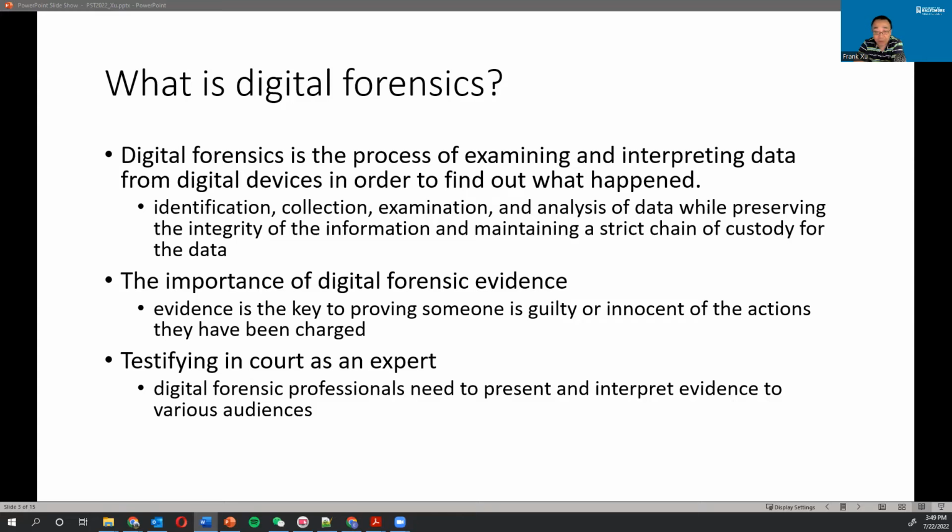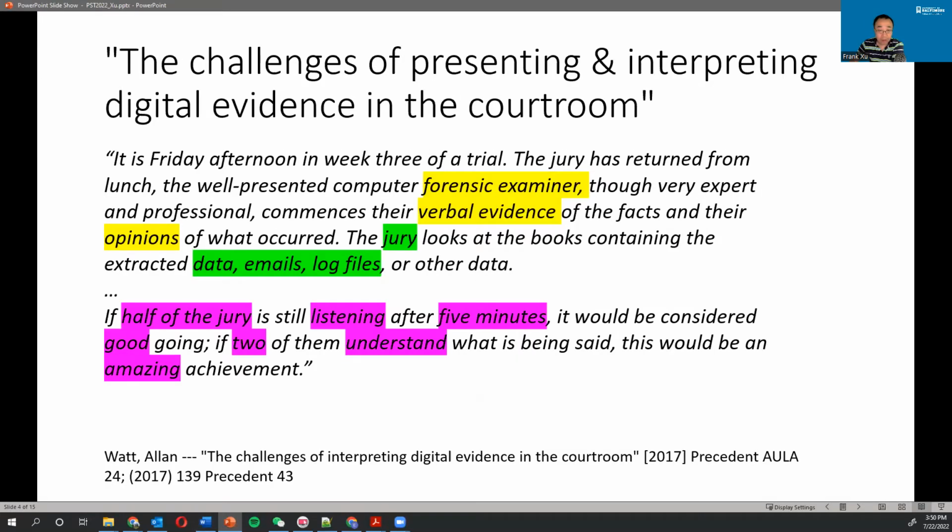As digital forensic professionals, we need to testify in court as experts to present and interpret evidence to various audiences. Presenting and interpreting digital evidence in the courtroom is challenging.